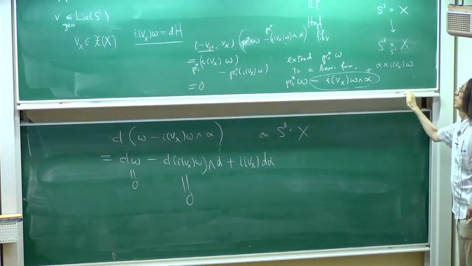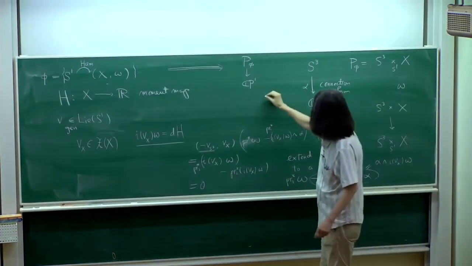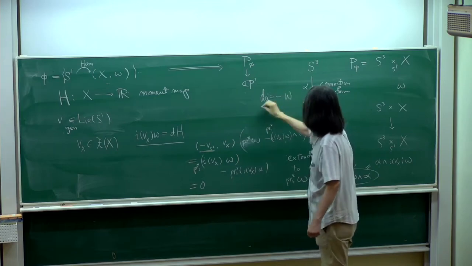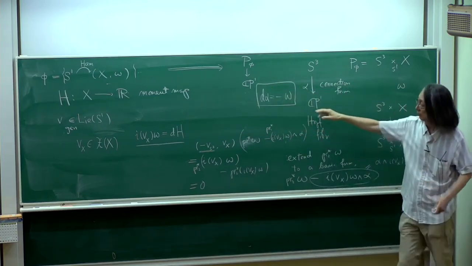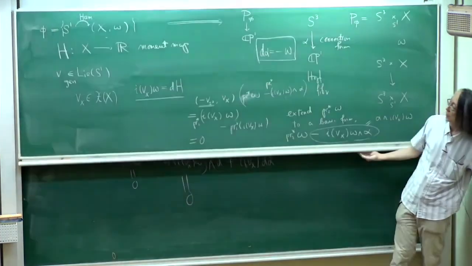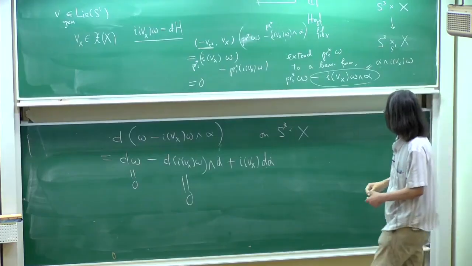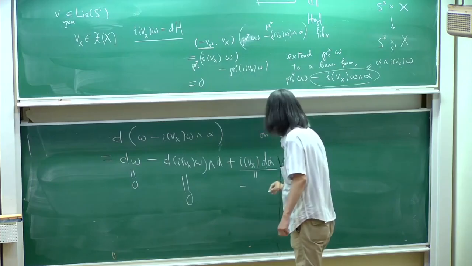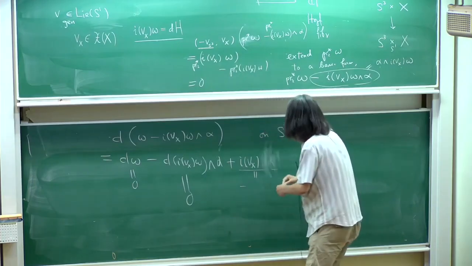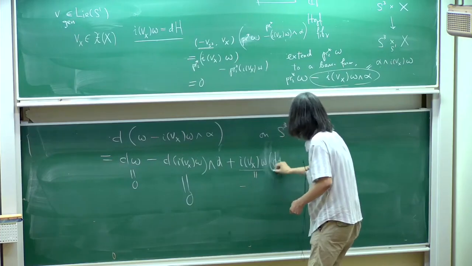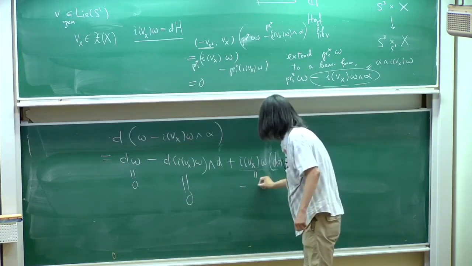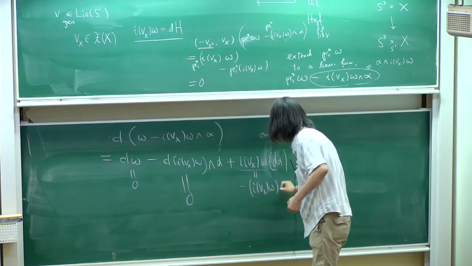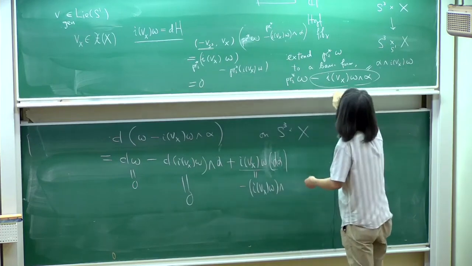And for the Hopf bundle, actually I think d alpha is equal to minus the pullback of these things, right? Minus omega downstairs. Maybe I need some constant here, but I just put a minus sign there. So therefore, this one is basically minus this I Vx omega, and omega is no good.